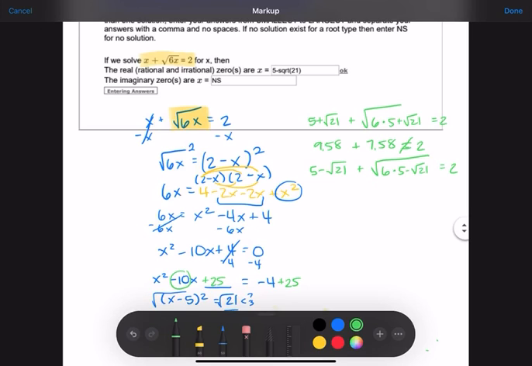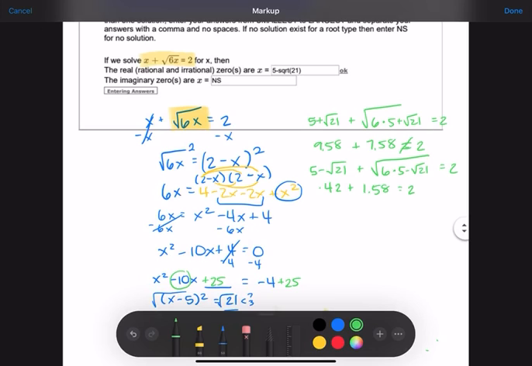Okay. 5 minus the square root of 21 is approximately 0.42 plus, I'm going to approximate under here, I have that times 6, which gives me 2.5 under the radical, so square root of 2.5 is approximately 1.58.